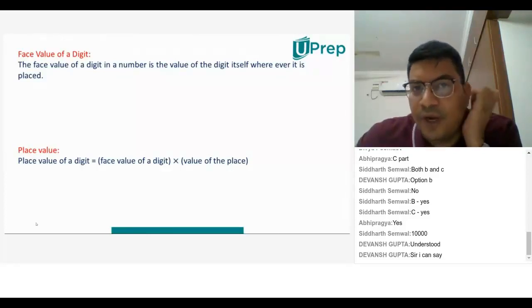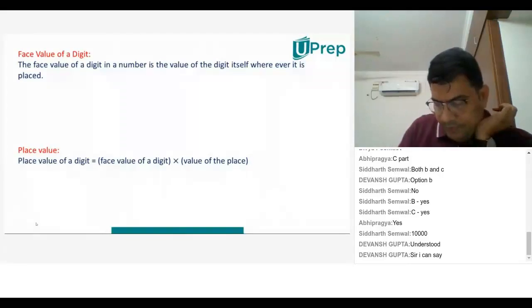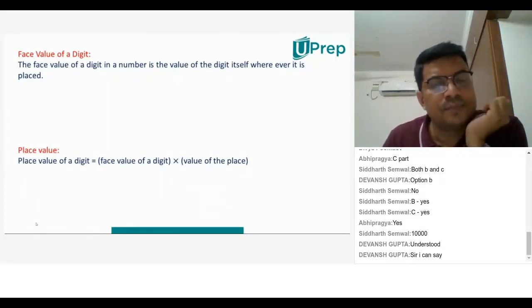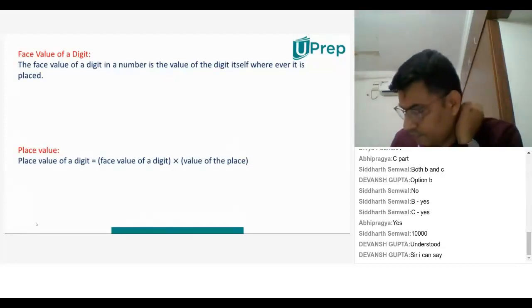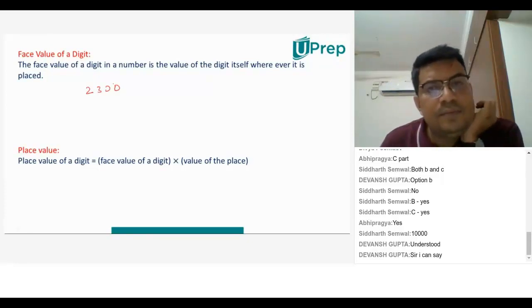The face value is the digit which we have been asked about. For example, if we have to take out the face value of 3 in 2,300, its face value will be the digit 3 itself.